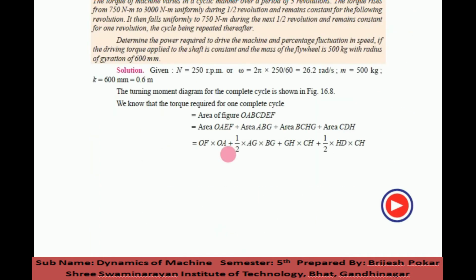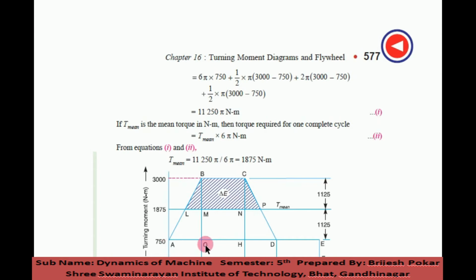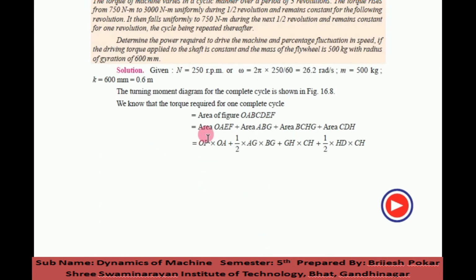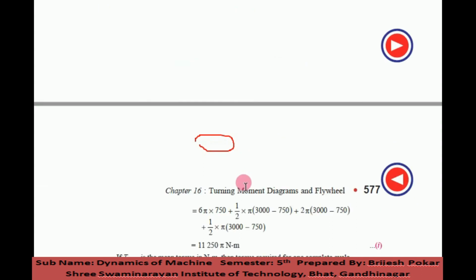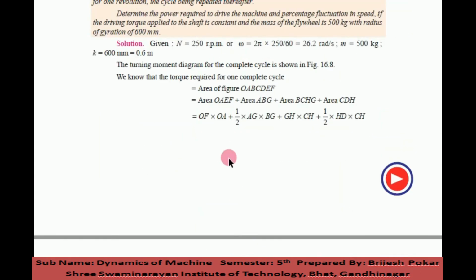So here area OAEF is a rectangle, which we can find as OF into OA. Then ABG is a triangle over here, so we can find that triangle as 1/2 AG into BG, plus GH into CH, that means BCHG.